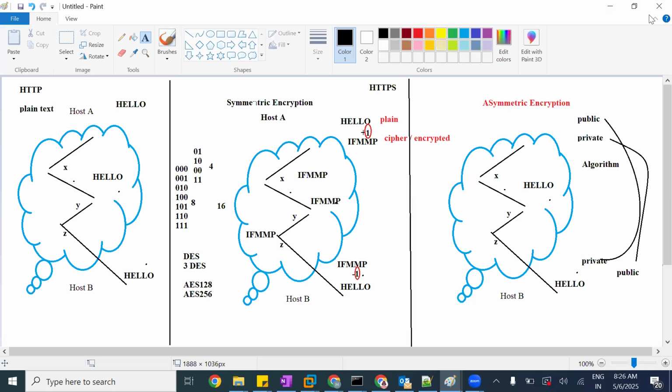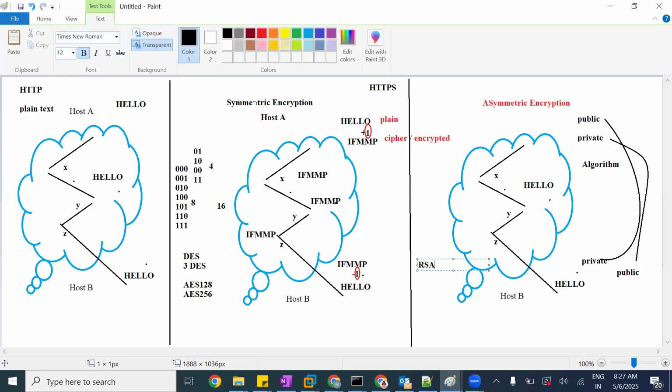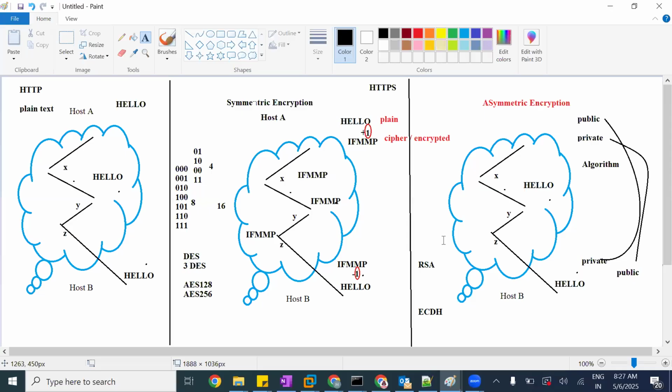Okay, that's good. In case of asymmetric algorithms, we have these examples: RSA and ECDH. RSA is named after the 3 people who invented this algorithm: Rivest, Shamir, and Adleman.